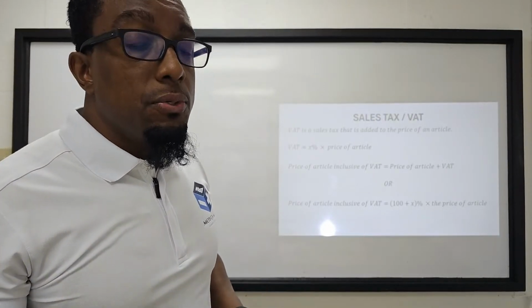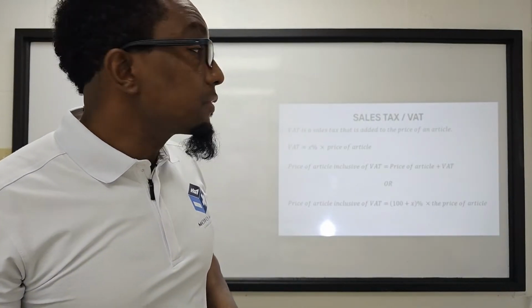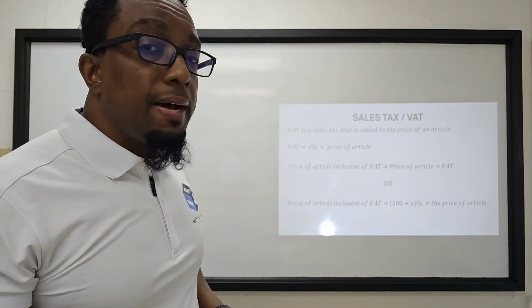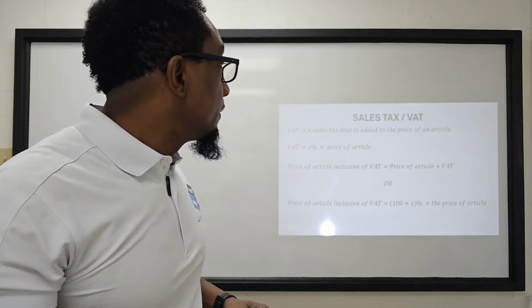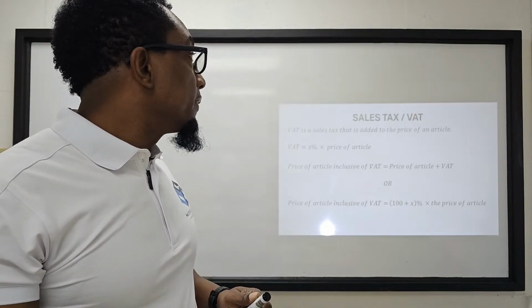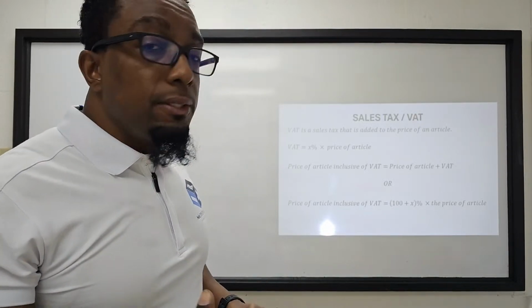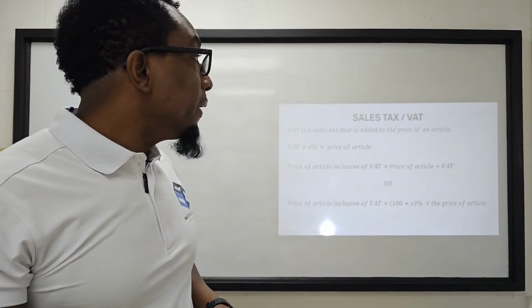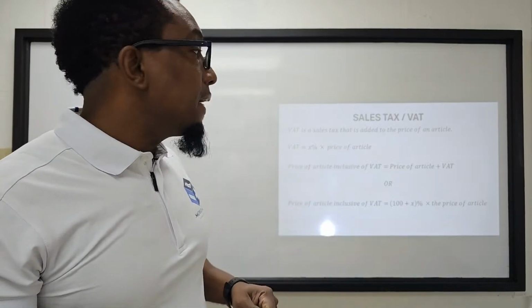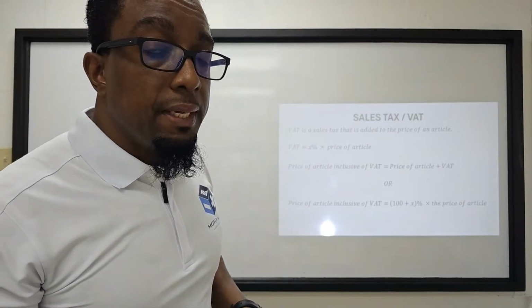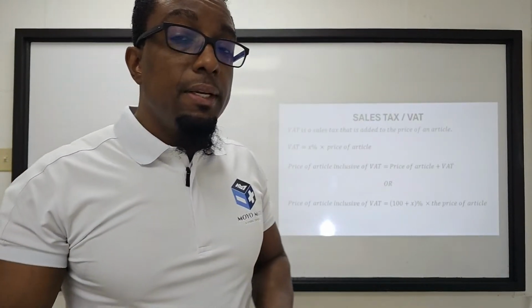That sales tax is also known as VAT, value added tax. To determine the VAT, it's always a percentage of the price of the item, which we will then add to the price of the item. So the price of the article inclusive of VAT will be to add your VAT to the price of the article, and that's one way of obtaining the price of the article inclusive of VAT.